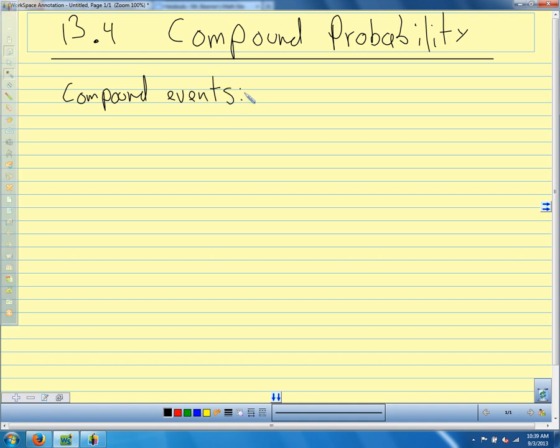Compound events just mean two or more events that are combined into one event. So we're just combining two or more things into one event.